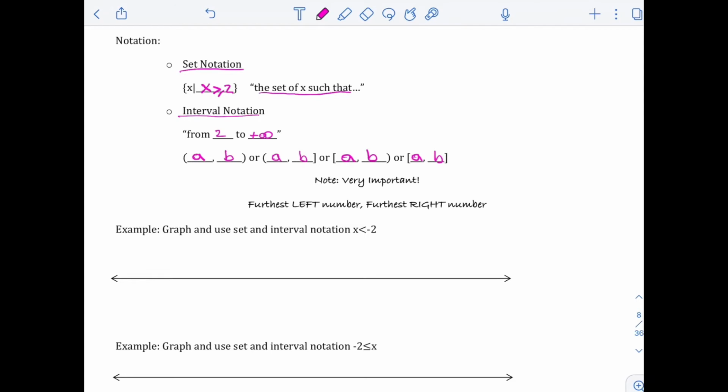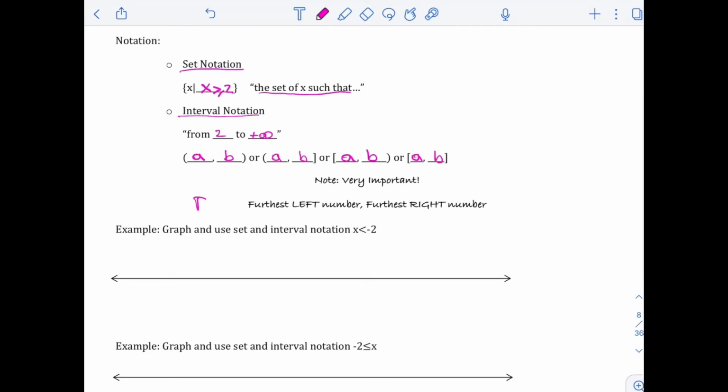It's very important to start from the farthest left number and end with the farthest right number. So always from left to right.